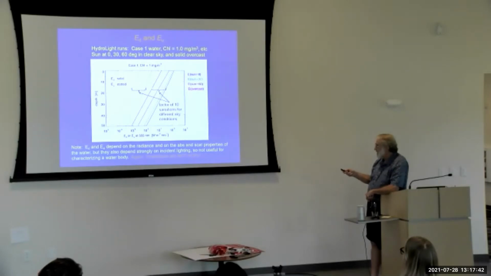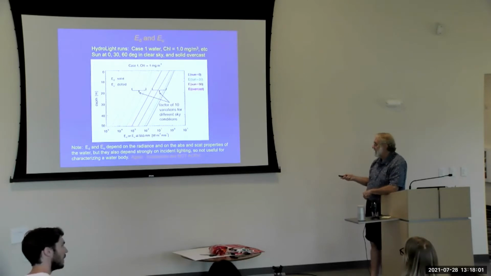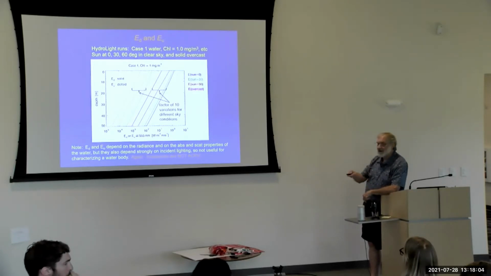There's a factor of 10 variability between the sun being straight overhead in the blue and a heavily overcast sky in the purple. Same thing with EU, a factor of 10 variability. That shows you how sensitive ED is to sky conditions, and that's, once again, why ED is not an AOP.